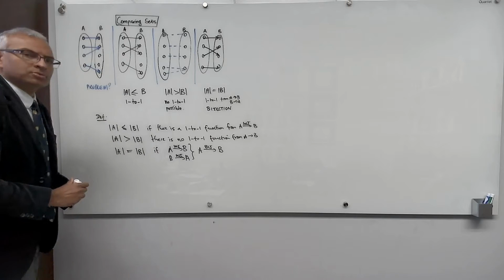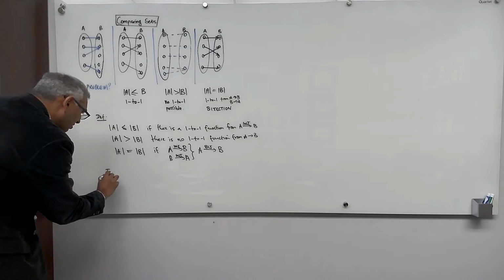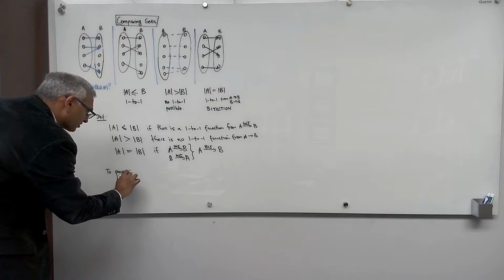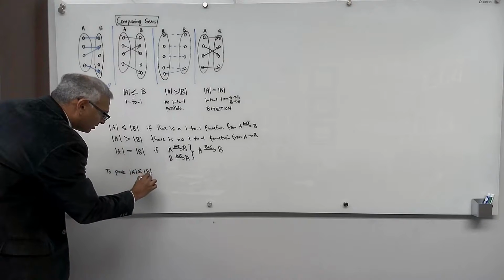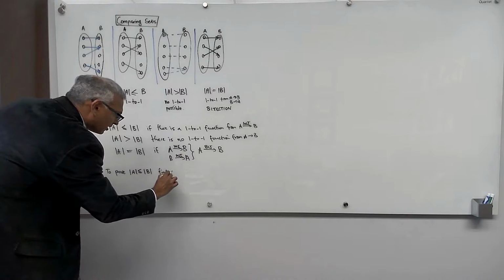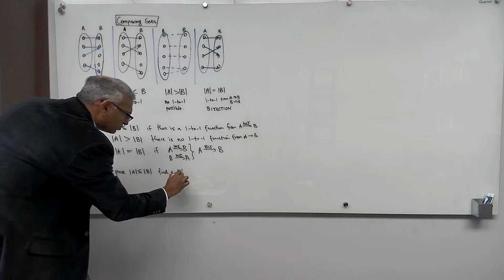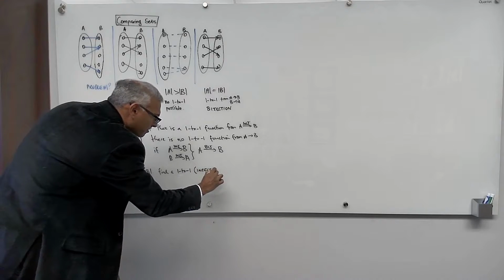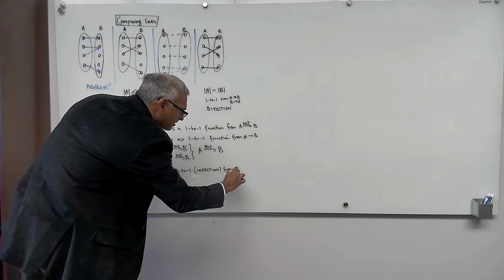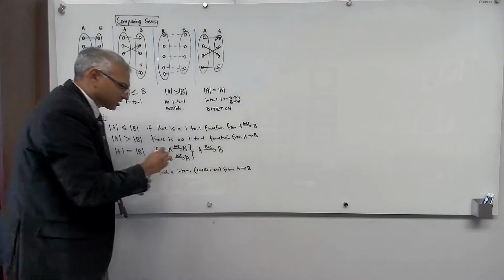So how do you prove the cardinality of A is less than or equal to the cardinality of B? You just find a 1-to-1, i.e. an injection, from A to B. Now this means a few things.